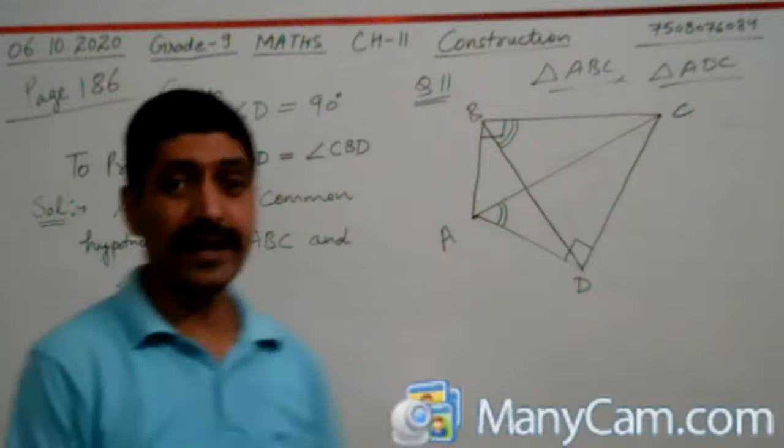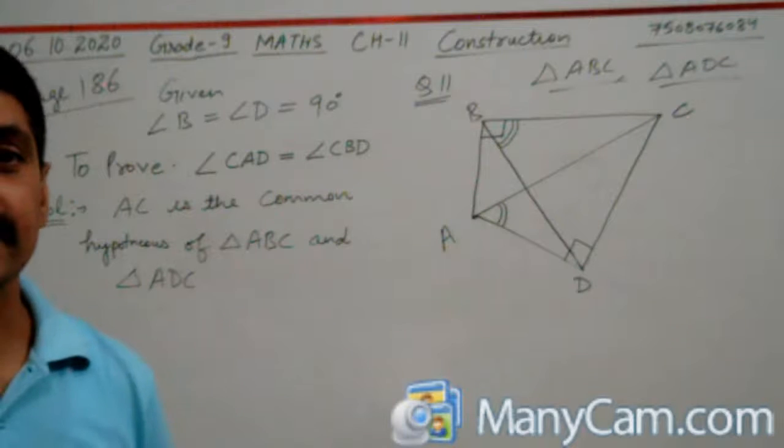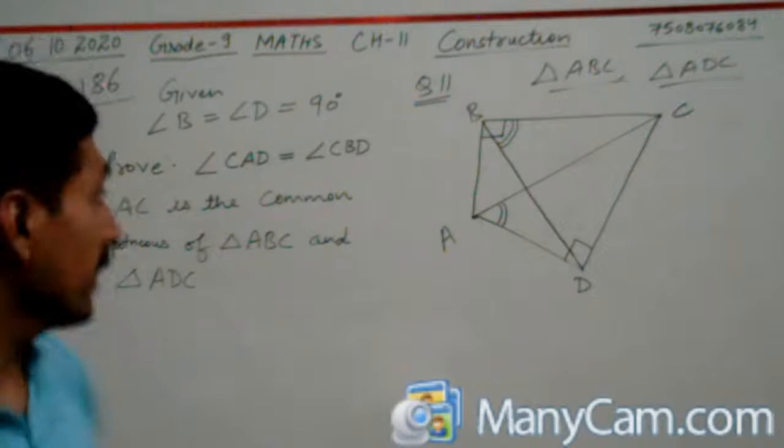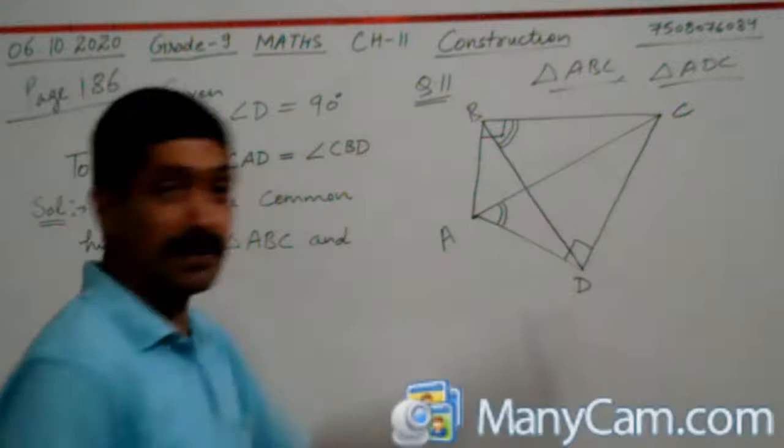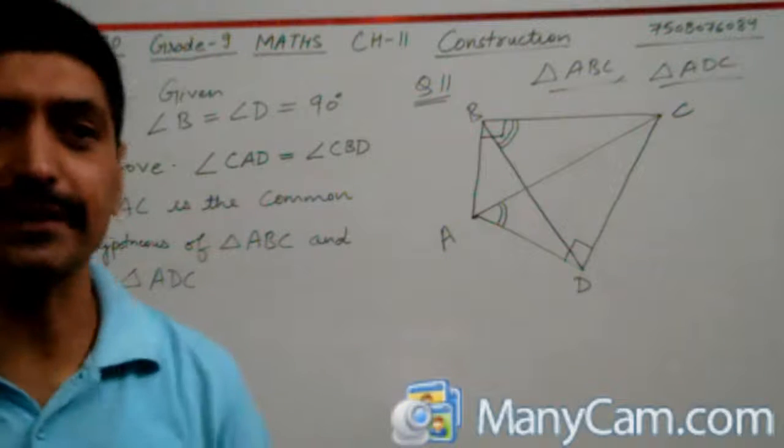Now here angles B and D, they are 90. So here this ADCB is a cyclic quadrilateral.